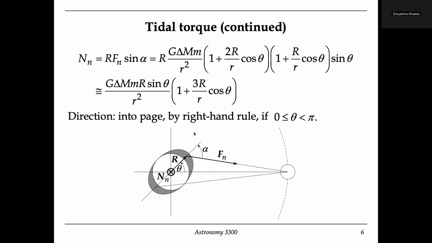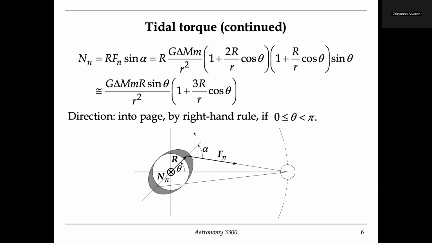But let's see if it makes sense now. So if I look here, let's call this my 2R over little r, and let's call this my R over r. And then this one, of course, is the product thereof, which is 2R over little r times R over little r. And to Dante's point, this thing really looks like R over little r squared.